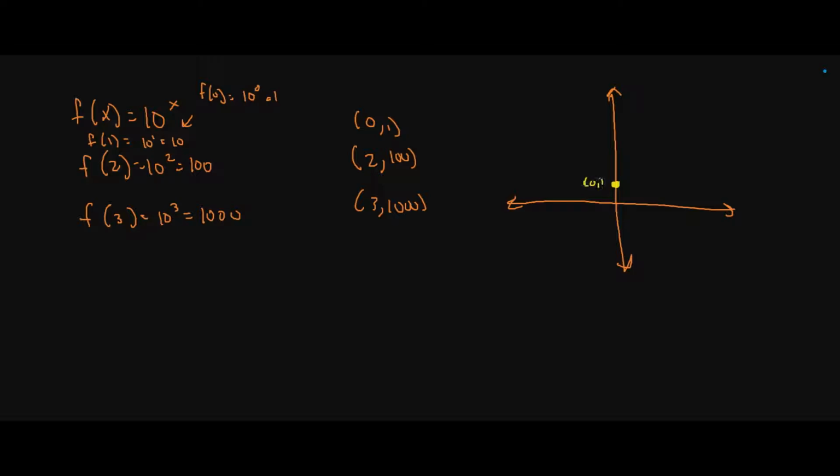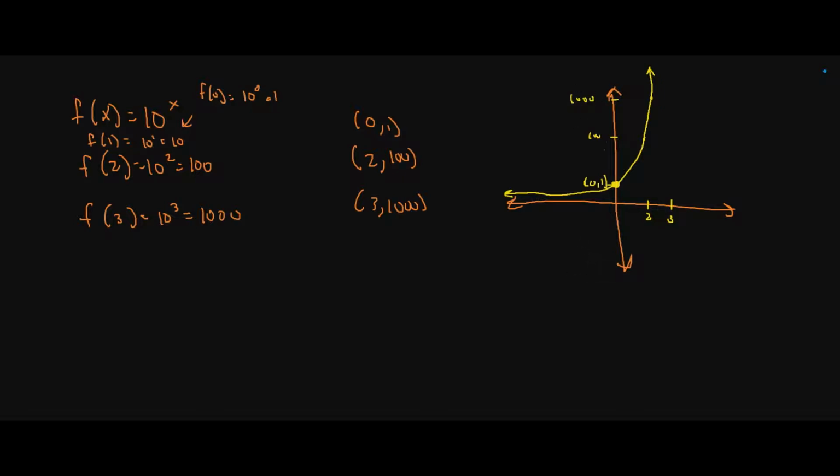We got 2, 100, which is all the way up here. And we got 3, 1000. Obviously this is not drawn to scale, and we get something that looks something like that.